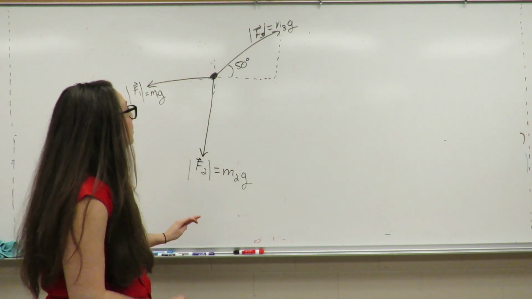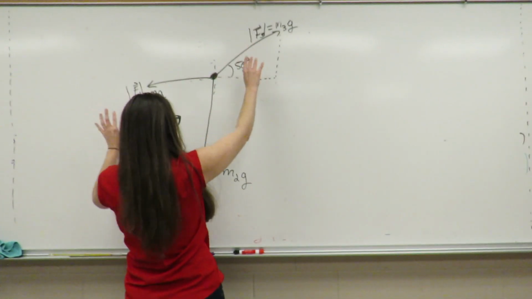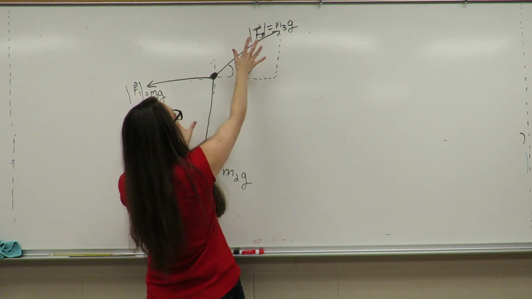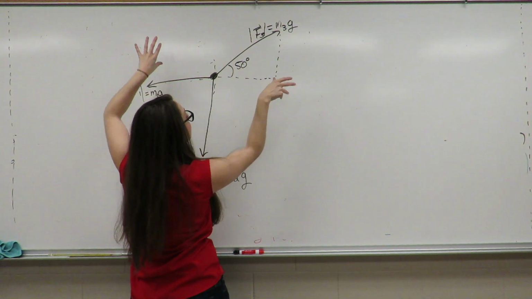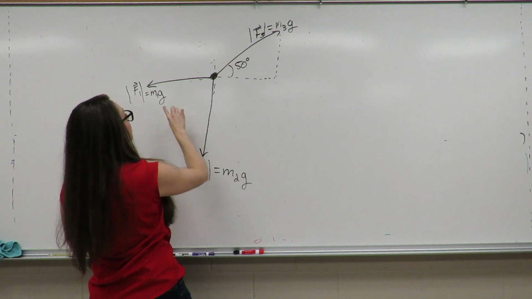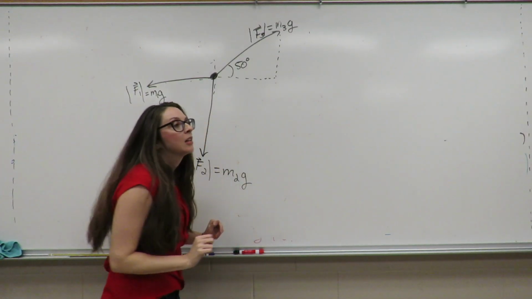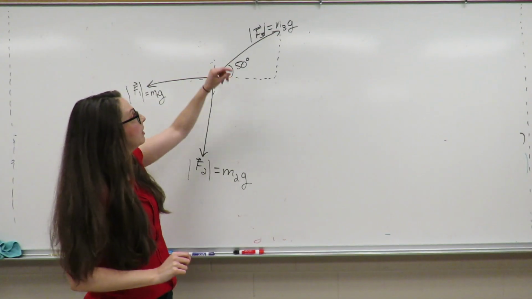So what I'm going to do is take all of these forces and rotate the whole thing by 50 degrees. I'm going to subtract 50 degrees from all the angle measurements that you took and rotate my diagram here, okay?